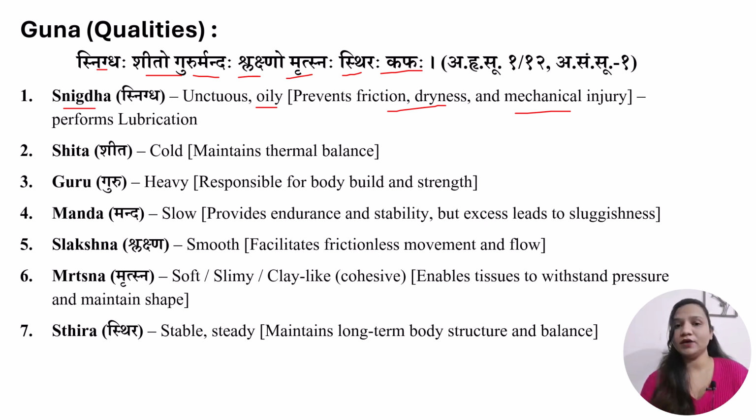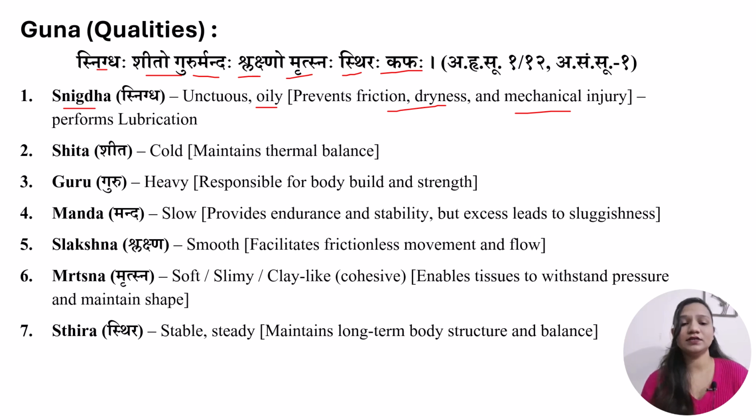It also keeps tissues moist and flexible, and also protects from dryness and friction. So because of the presence of Snigdha gun in Kapha Dosh, the lubrication function is performed and it keeps tissues moist and protects from dryness and friction in the body.